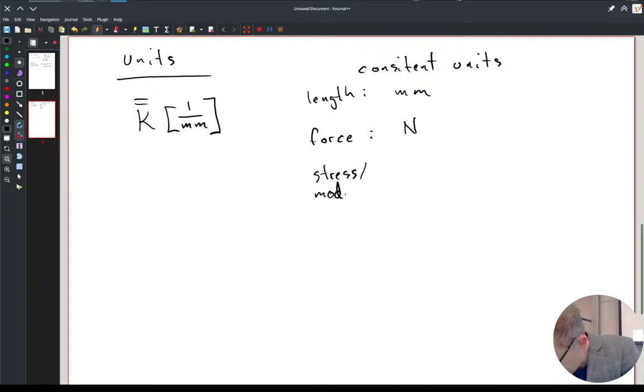So any measure of stress or modulus is a Newton per millimeter squared. Do you know what unit that is? Newton per millimeter squared? Megapascal. Yeah. So it's a Pascal, but over 10 to the negative 3, 10 to the negative 3, so megapascal.